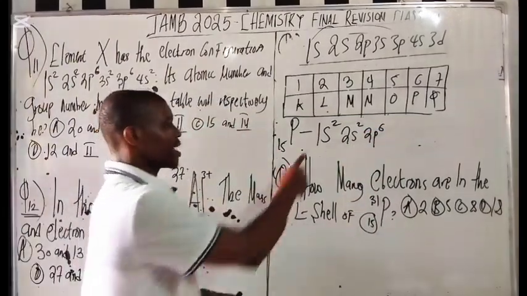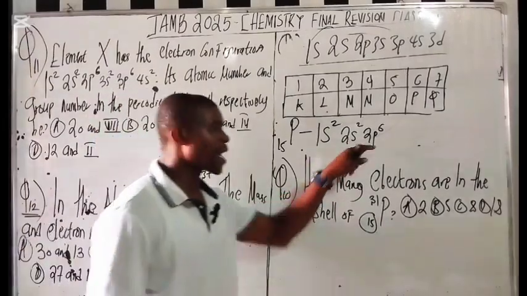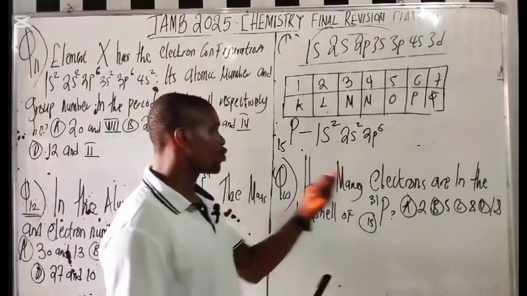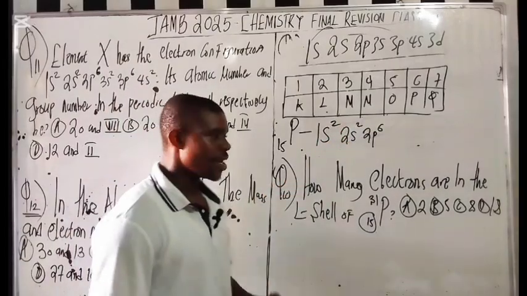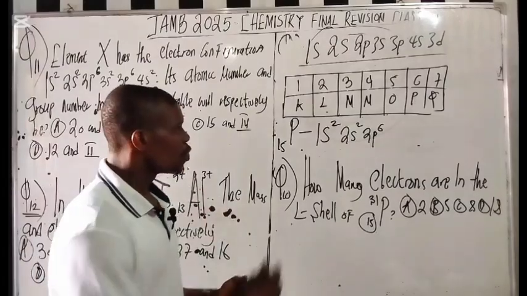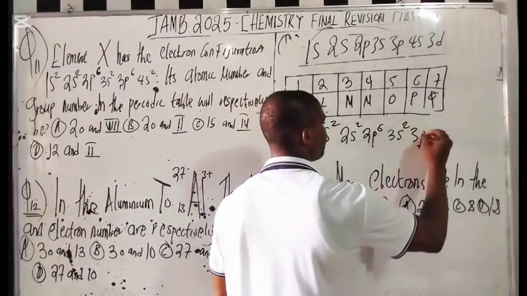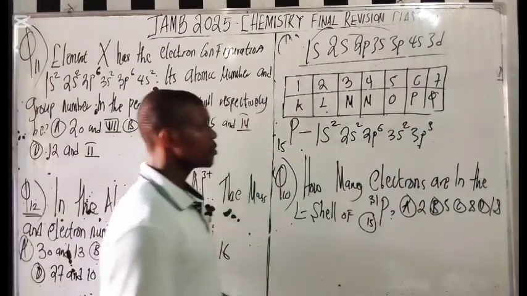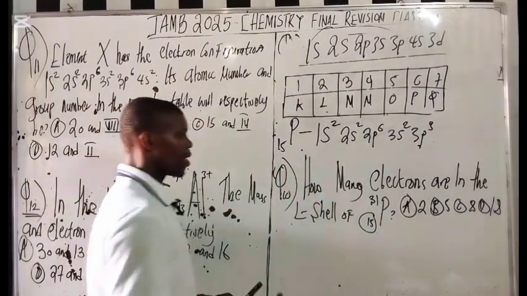It's okay because s can accommodate 2 electrons and p can accommodate 6 electrons. If you check very well, we have used 10: 2 plus 2 plus 6 is 10. Out of the 15, I have used 10, and I still have 5 left. We continue with 3s2 and 3p3. So this is the electron configuration for phosphorus.